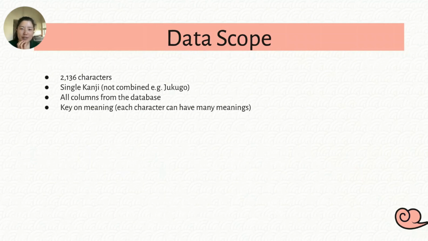And for single kanji, there are 2,136 characters, which in the context of a modern language model is not significant, but I found it interesting to look at once these were converted into embeddings and then translated into a graph, which is actually a pretty decently sized graph. I'll show you more of how I go into that, but as I said, only single kanji, not jukugo, which is the combined kanji.